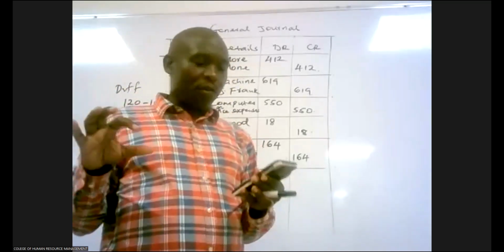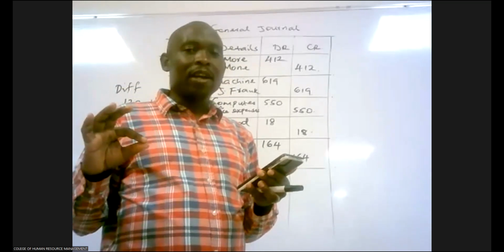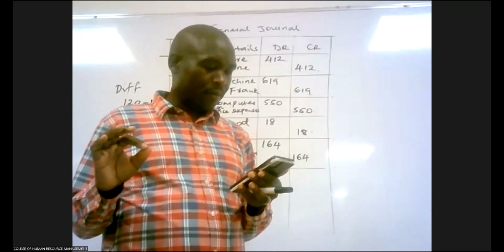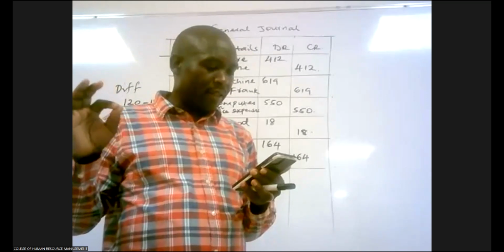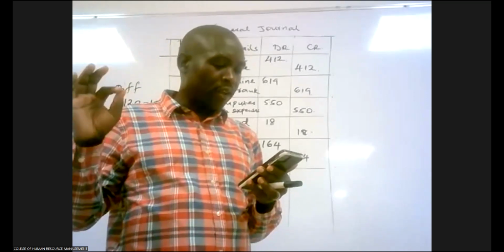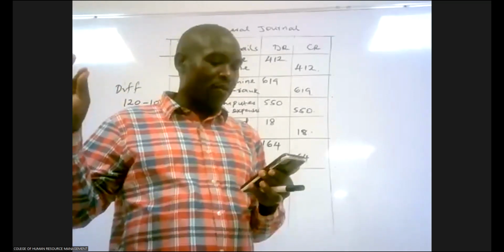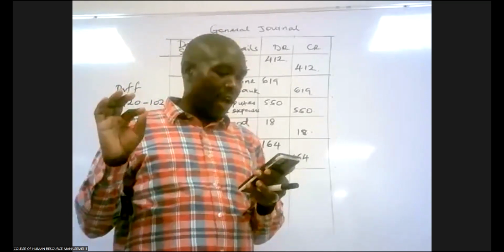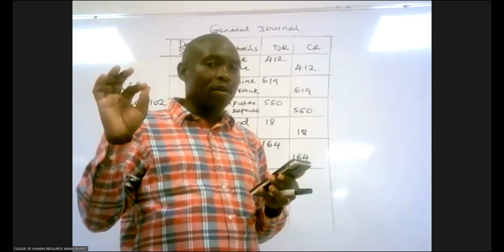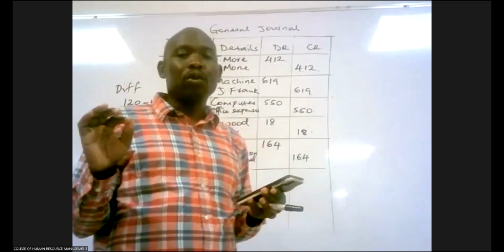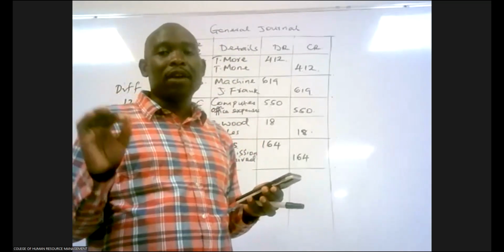But if you complete now that statement, you realize that they did the opposite. Instead of debiting the cash book, it was entered on the credit side of the cash book and debit side of T-Brayer. That is what we call the error of complete reversal entries.